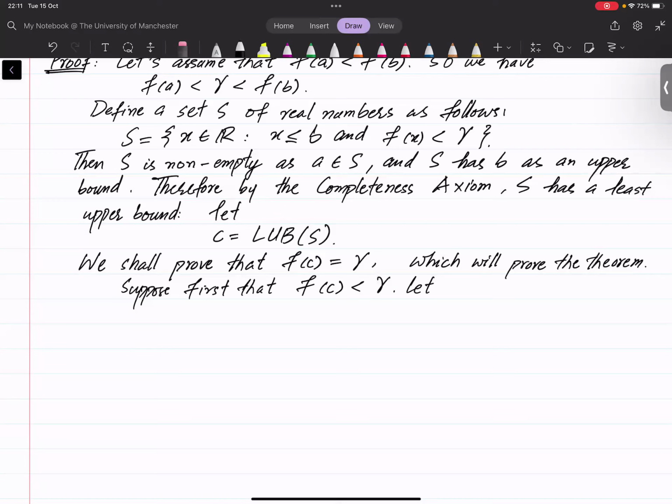Now let epsilon be gamma minus f of c, which is greater than 0.